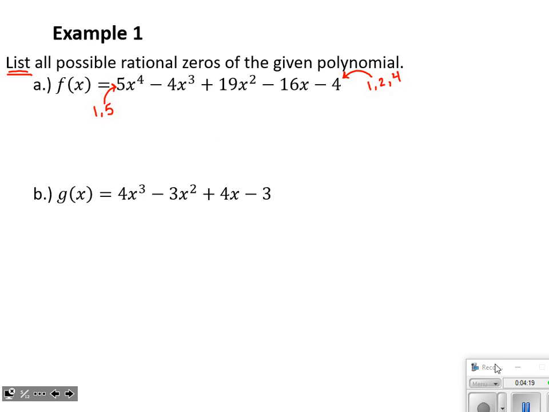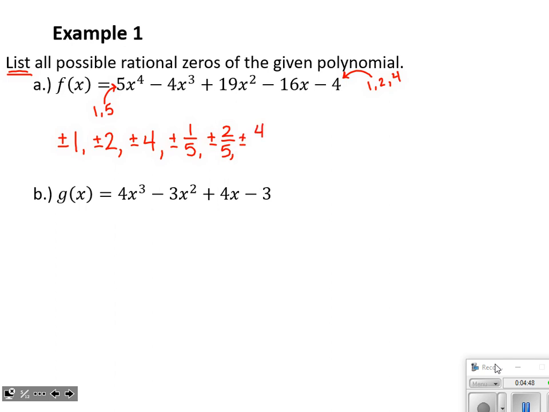And just because of the natures of reflections and things like that, we want to incorporate either the positive or negative variance there. So these possible zeros are plus or minus 1 over 1, plus or minus 2 over 1, plus or minus 4 over 1, plus or minus 1 over 5, plus or minus 2 over 5, and plus or minus 4 over 5.